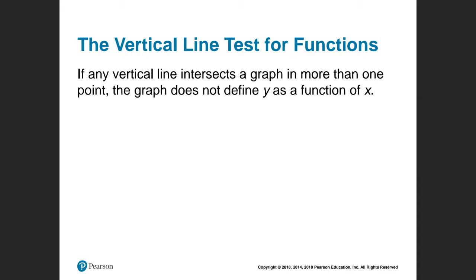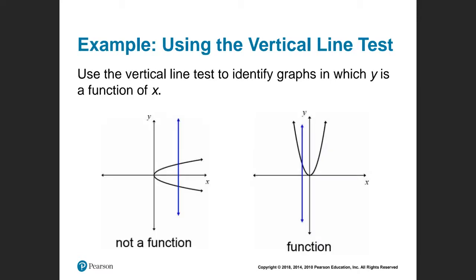Now about the vertical line test for functions. If any vertical line intersects a graph in more than one point, the graph does not define y as a function of x. Example: use the vertical line test to identify graphs in which y is a function of x.